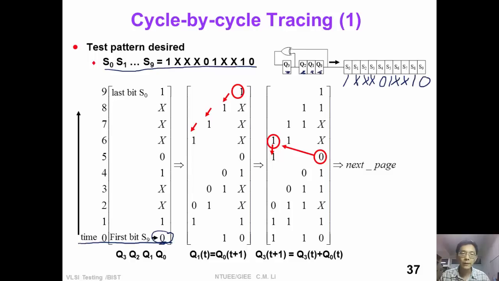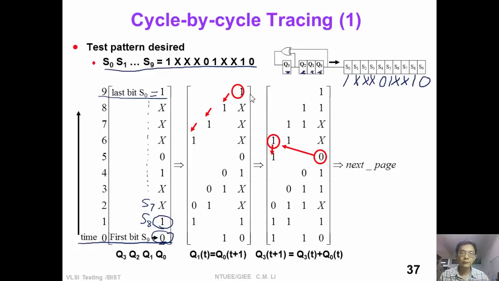At time 1, the bit that is shifted into the scan chain is equal to S8, S7, all the way to the top. At time 9, we know that the last bit shifted into the scan chain is S0. So our job is to fill out this matrix.